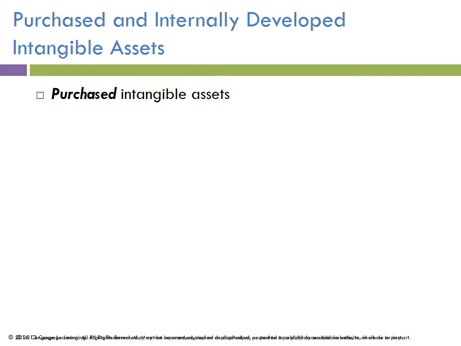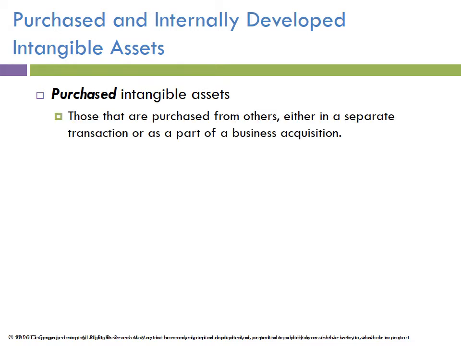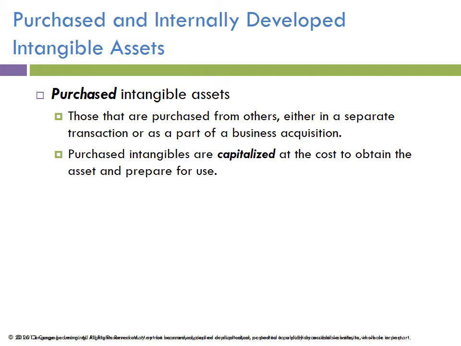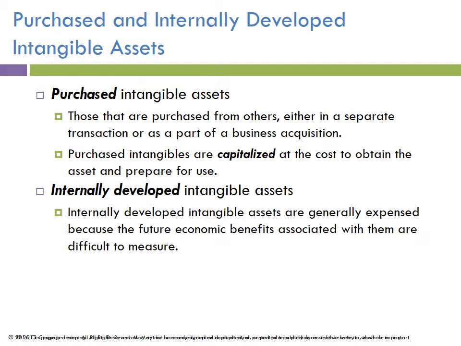Now, when you purchase an intangible asset from others, like a trademark or a copyright or a customer list, either in a separate transaction or as part of an overall business acquisition, it's capitalized at its cost to obtain the asset and prepare it for use. Internally developed intangible assets are generally expensed.